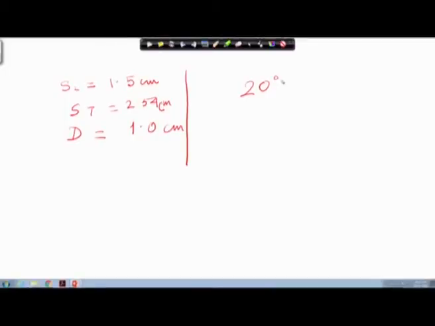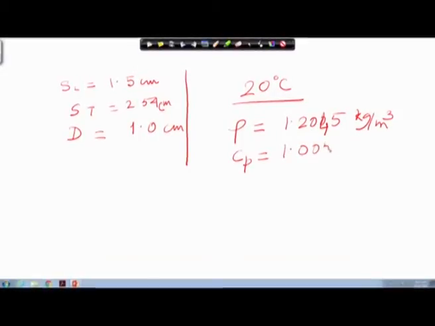We evaluate the fluid properties at 20 degree centigrade: the density is 1.2045 kg per meter cube, Cp is 1.005 kilojoule per kg Kelvin, and the viscosity is 1.82 into 10 to the power minus 5 Newton second per meter square.